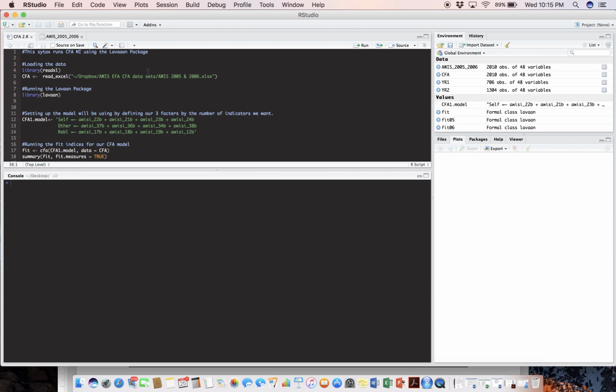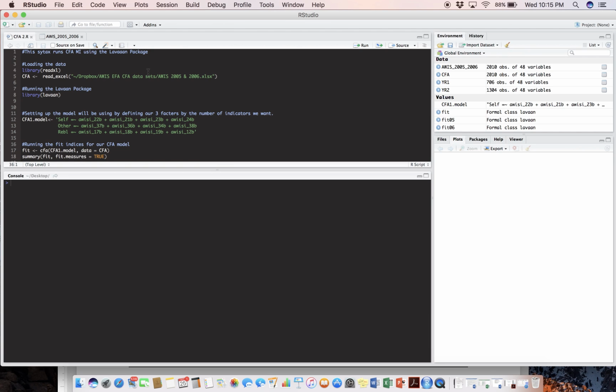So what we're trying to do is say, okay, we have these items that we think are assessing these latent variables that we have of interest. So in this case, we're looking at motivational states. The question is, okay, how well do we think these items load onto these latent constructs?